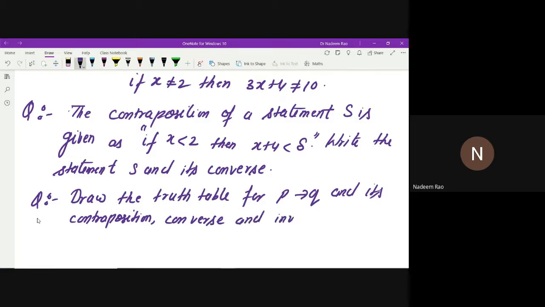Guys, I think you are now able to design a truth table for this.